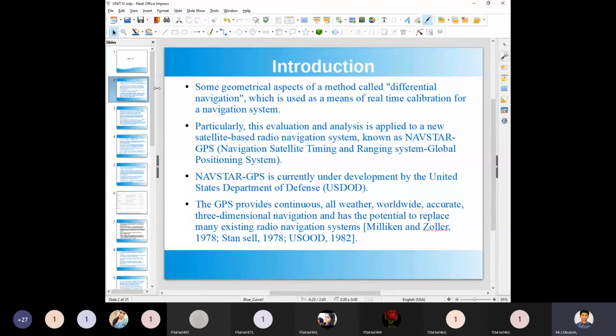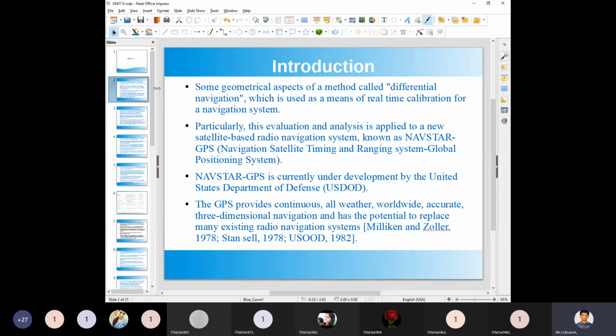It has the potential to replace many existing radio navigation systems.